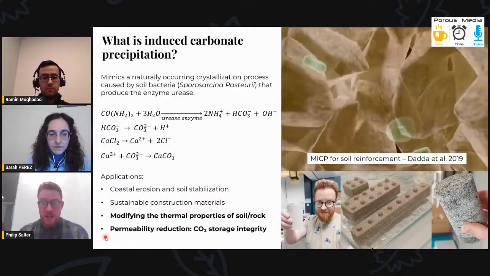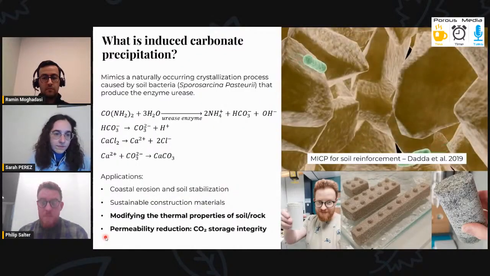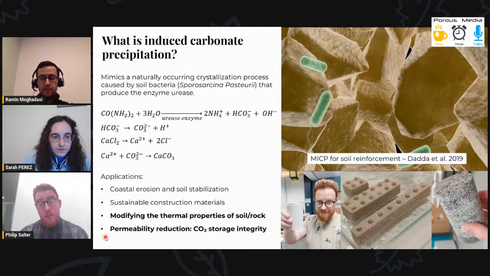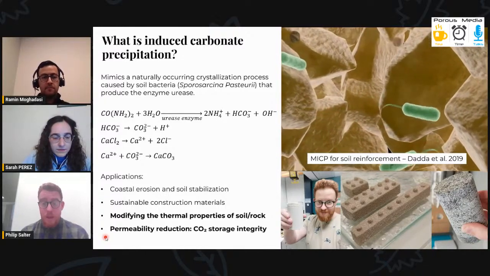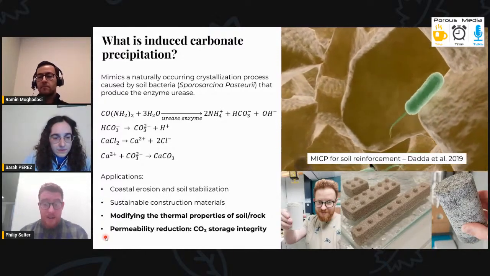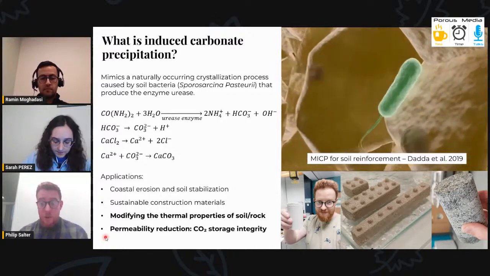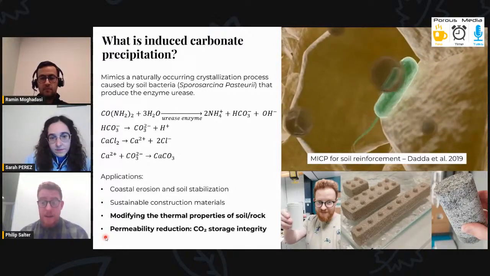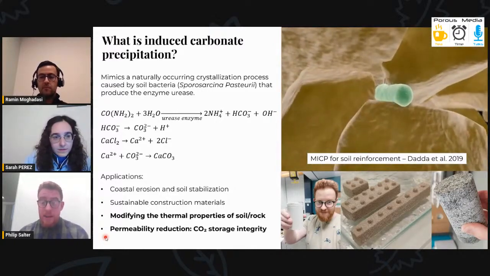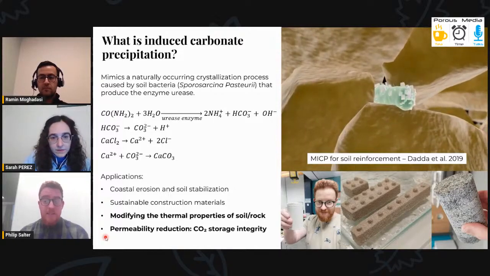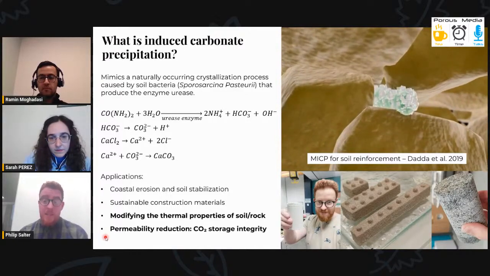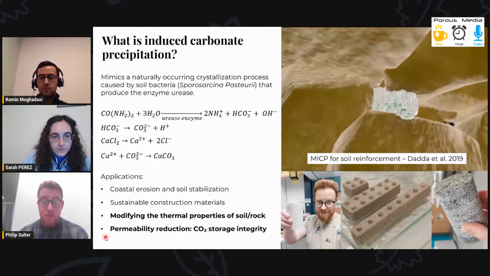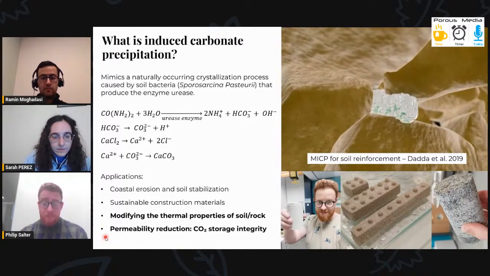So what is induced carbonate precipitation? Well, it mimics a naturally occurring crystallization process caused by soil bacteria that produce the enzyme urease. We can either inject the bacteria directly, as shown in this video on the right, or we can extract the enzyme from the bacteria or from plant-based sources such as soybeans and jack beans.